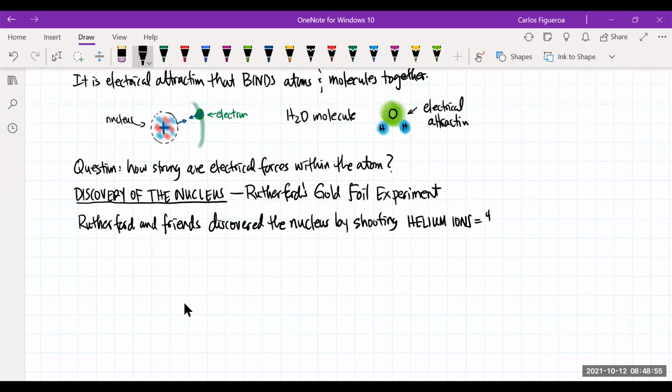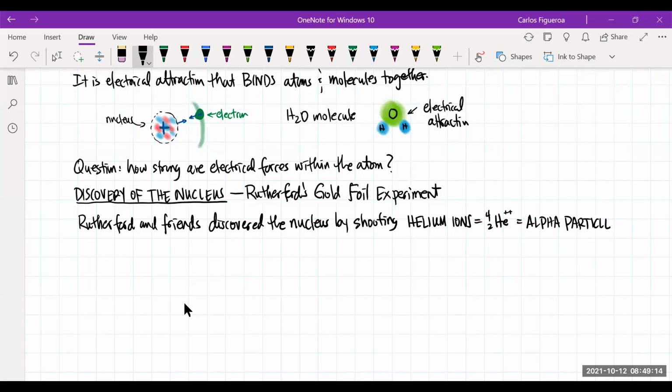And a helium ion is literally a helium atom, but it has two missing electrons. And because Rutherford did not know what it was, he called it an alpha particle.